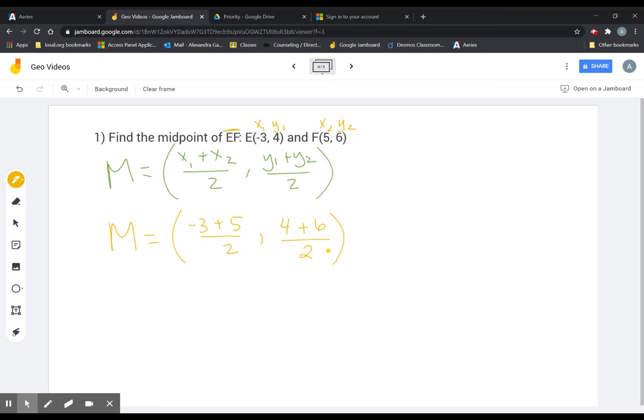So that's if they're straight asking for the midpoint. They give us these endpoints, E and F, and we just need to find the midpoint. So I'll get 2 over 2, and 4 plus 6 will give me 10 over 2. So the midpoint is going to be 1, 5.